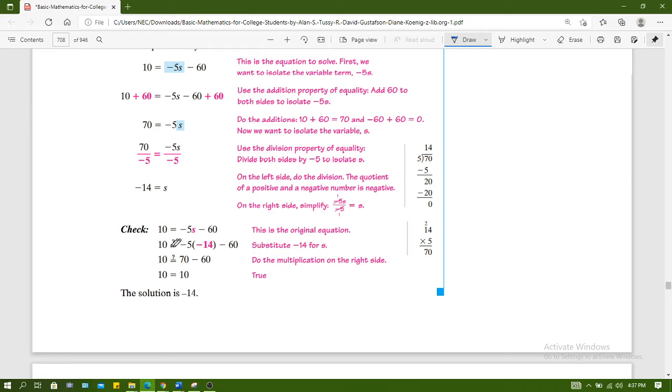So 10 is equal to negative 5 times negative 14 minus 60. So that is 70 minus 60. And we get 10 equals 10, which is true. So the solution for this given 10 equals negative 5s minus 60 is negative 14.